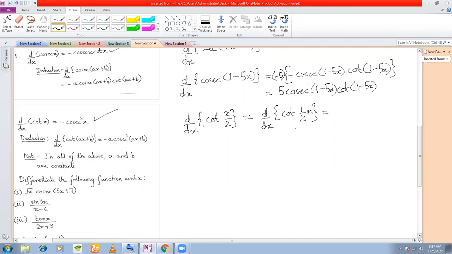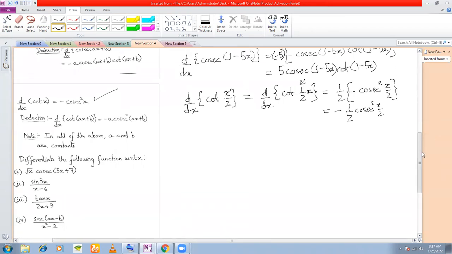Now, if you want to differentiate this, first you write this as minus cosec square (x/2), right? And then you need to multiply this by the coefficient of x. Here the coefficient is half. So your answer is minus half cosec square (x/2). Clear? Yes, sir.